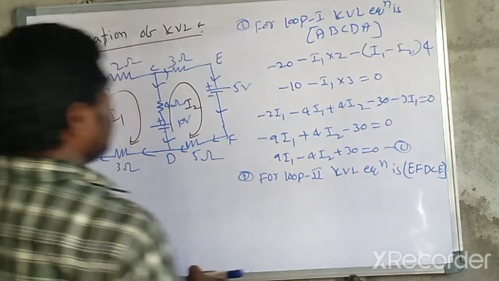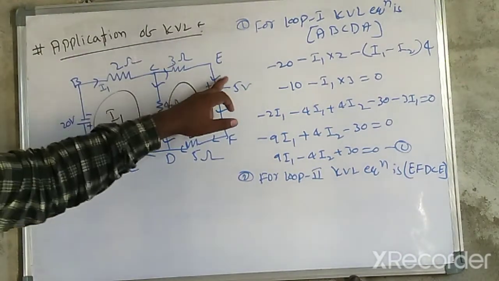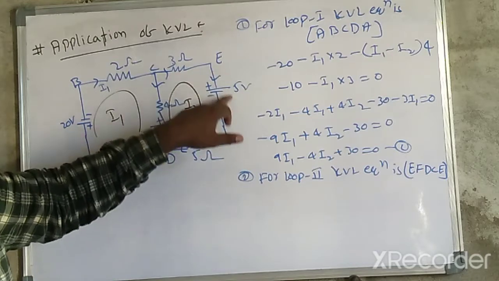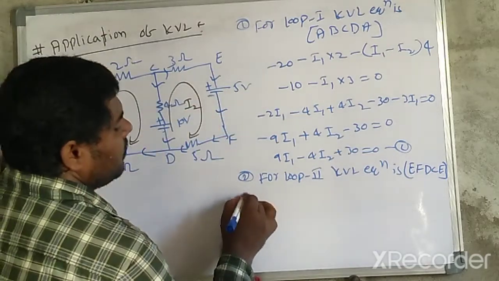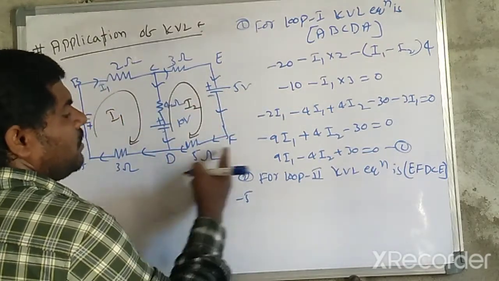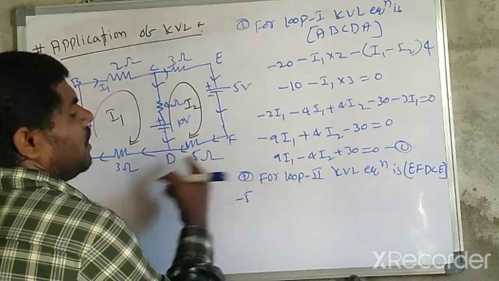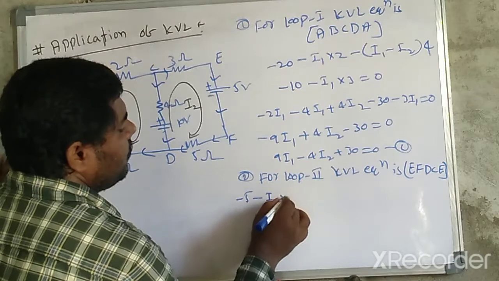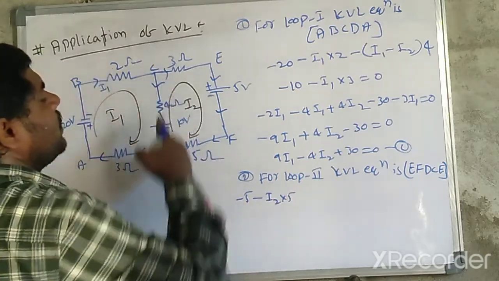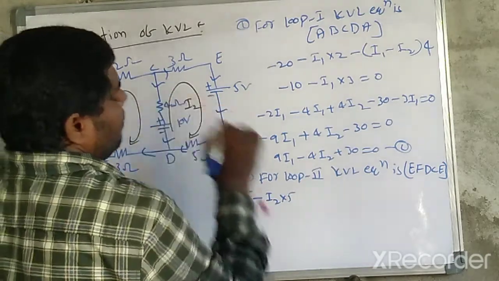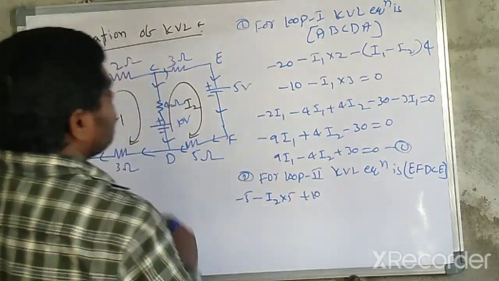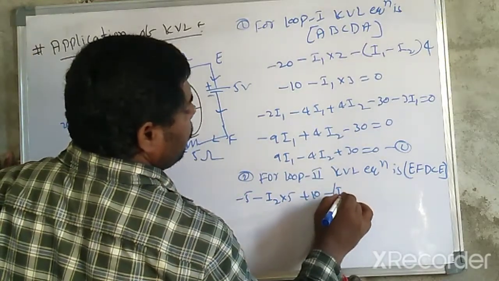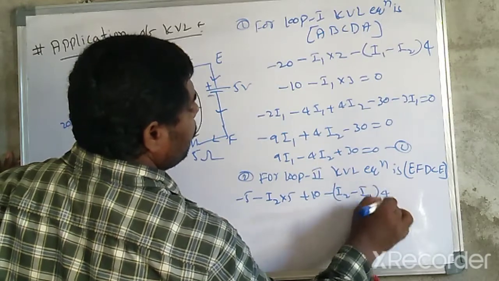This is the loop. So here minus 5: positive to negative, higher to lower, minus 5. Coming here, your path direction and current direction are the same, that's why minus I2 into 5. Here lower to higher means plus 10. Here the current is I2 minus I1 into 4.